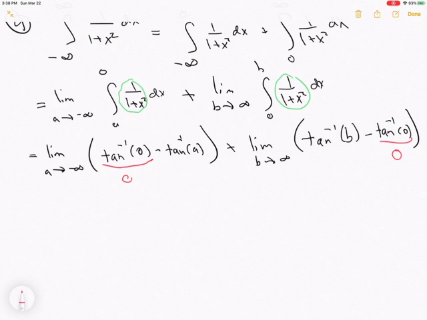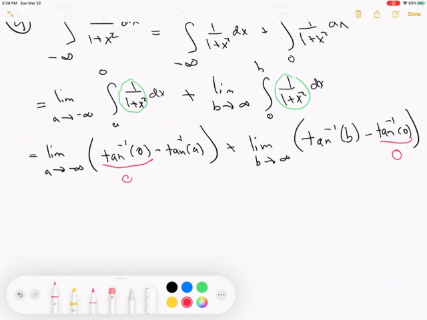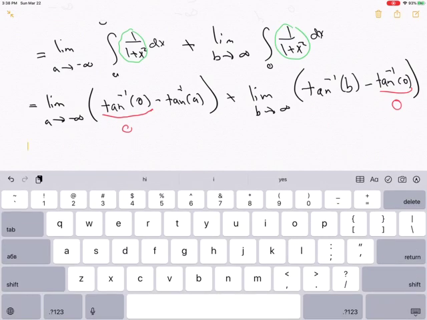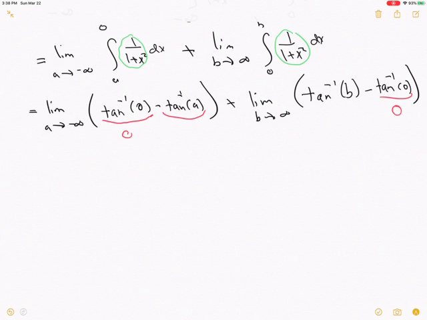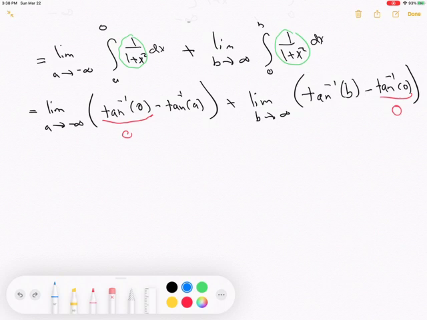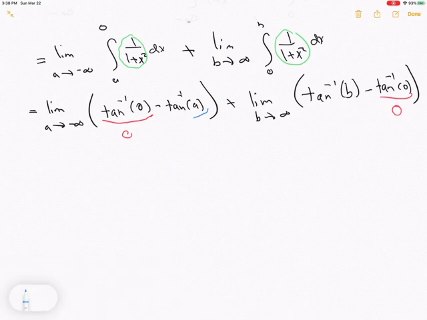And then you want to know, what is tangent of negative infinity? So here, when you take the limit, let me do a different color. When you take the limit, this thing actually becomes negative 90 degrees. I'm going to write pi over 2, but that's the same as 90 degrees.